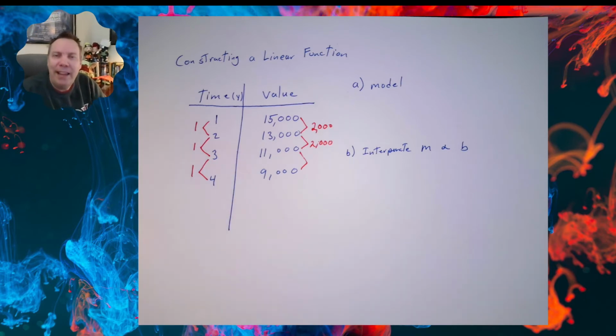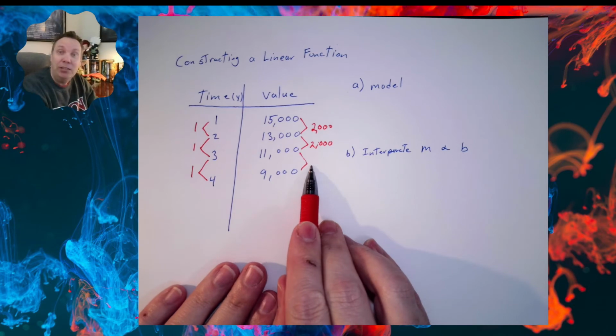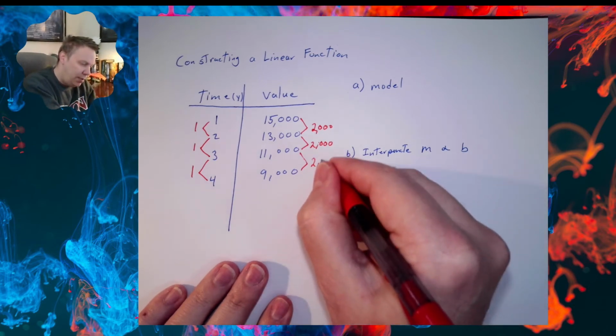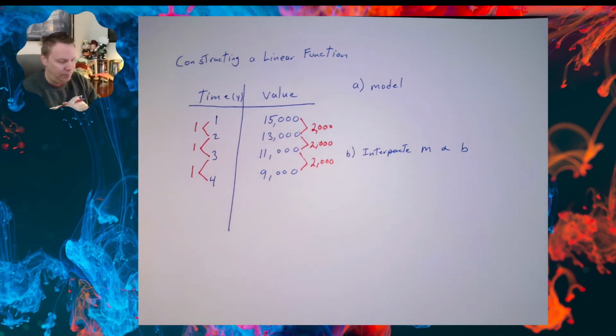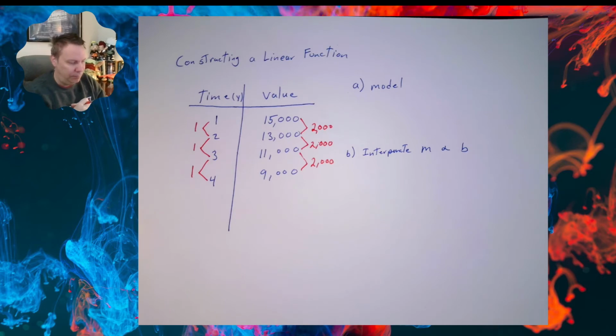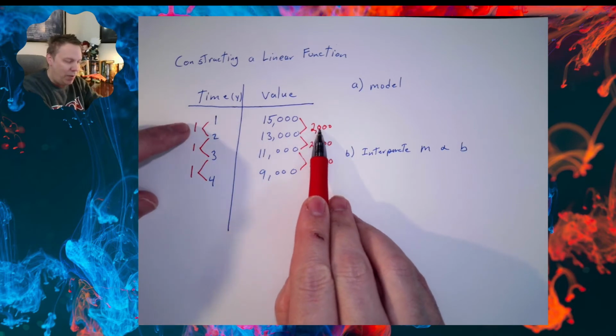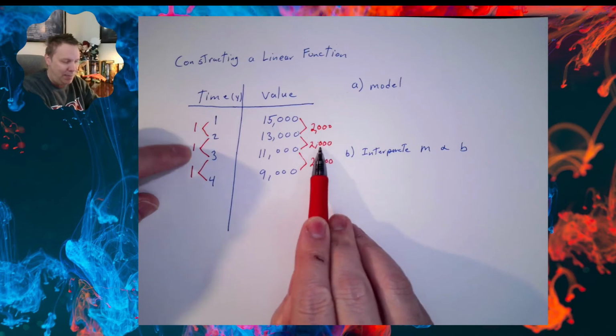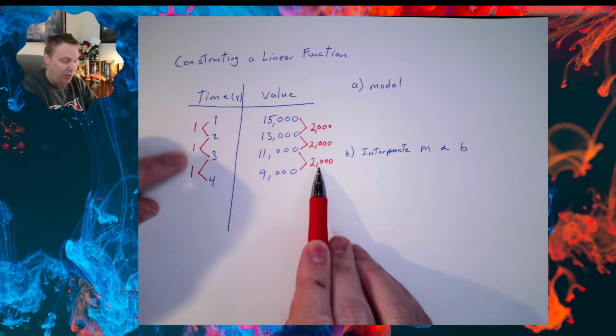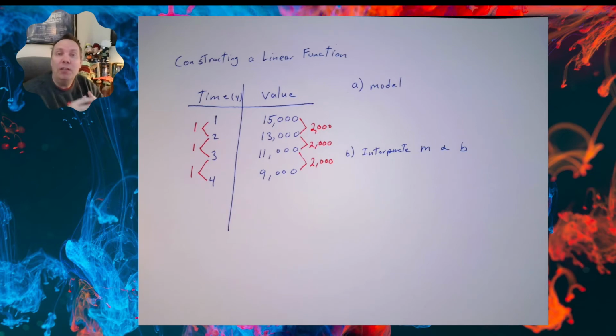In other words, 13,000 minus 11,000. And this last difference, 11,000 minus 9,000, that's also 2,000. What I have here is that if I look at this ratio, 2,000 divided by 1, that's the same as 2,000 divided by 1, 2,000 divided by 1. All of these are the same exact ratios. So therefore my model is going to be linear.